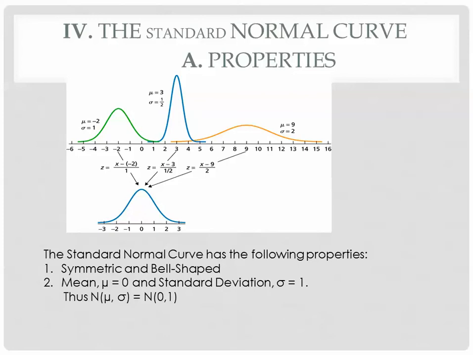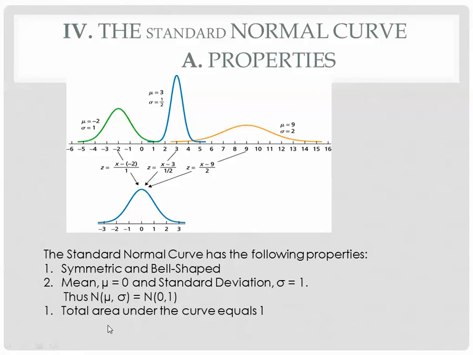And so we write N, and in parentheses 0, 1 to denote a standard normal curve or a standard normal distribution. And just like any other normal curve, the total area under the curve equals 1. Pretend that's a 1 there, because it should be, and I don't know why it's not.